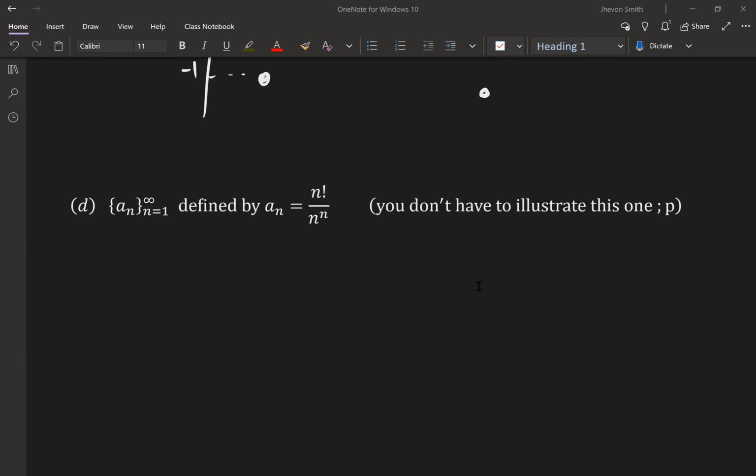What do you guys think? First of all, do we know what this symbol means? The n with the exclamation point? Factorial, of course. Right, n factorial, of course. That's what it is, right?